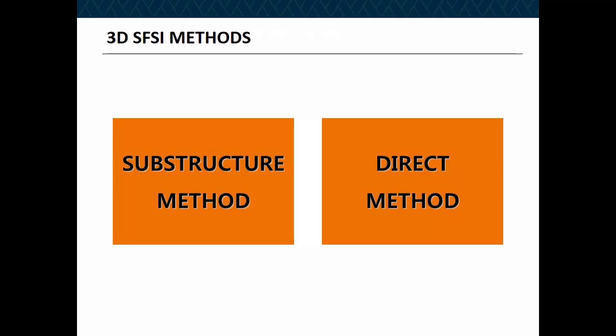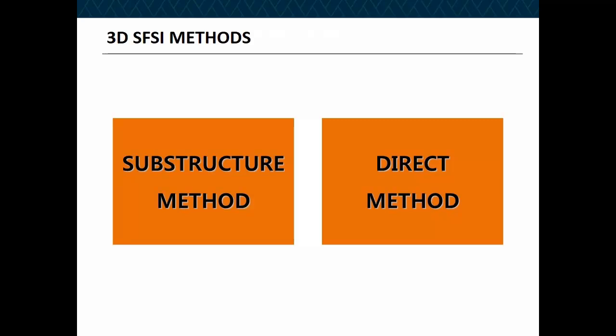Now let's talk about 3D soil foundation structure interaction methods. SFSI stands for soil foundation structure interaction. We have what we call a substructure method or a direct method. In the substructure method, we separate the foundation from the superstructure as if the foundation doesn't exist, and we model the entire foundation by soil springs.